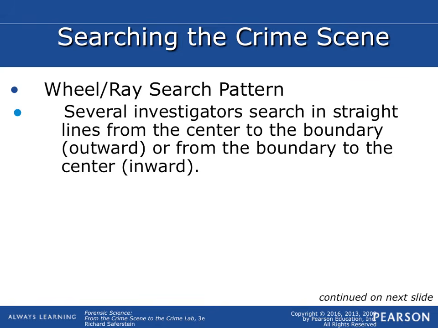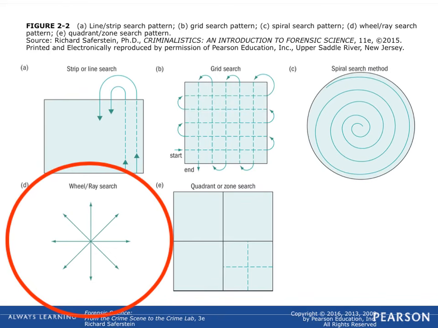So let's look at the figure to describe this one. So what happens here is, for example, if you start at one location in the middle and you have as many people as possible who start to walk out. One person would walk out that direction, we have another person going this direction, third, so on and so forth.